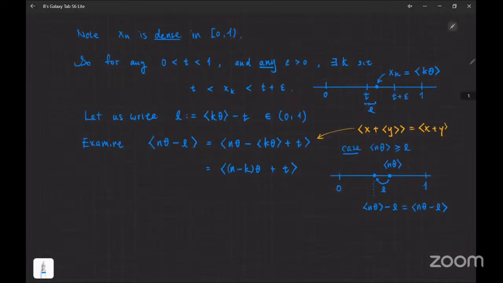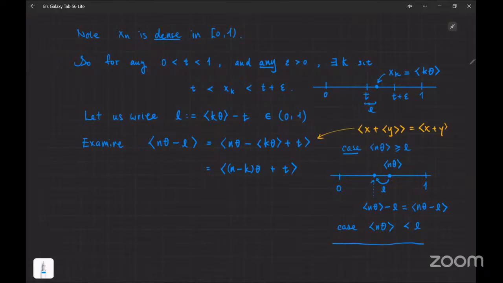Okay. So that's one case. This is where n theta minus L is, and another case is that n theta is smaller than L.